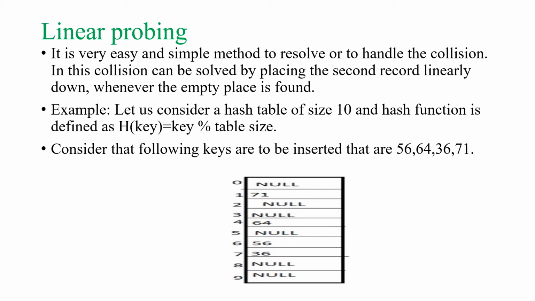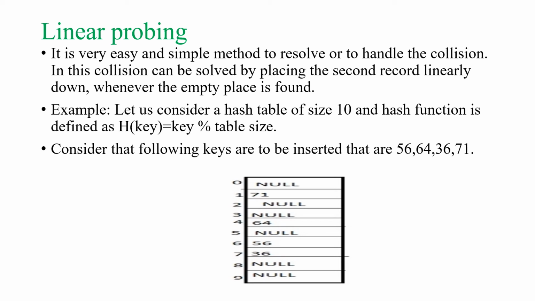Linear probing. It is a very easy and simple method to resolve collisions. In this, a collision can be solved by placing the second record linearly down, wherever an empty place is found. For example, consider a hash table of size 10 and the hash function as key modulo table size, that is the division method.